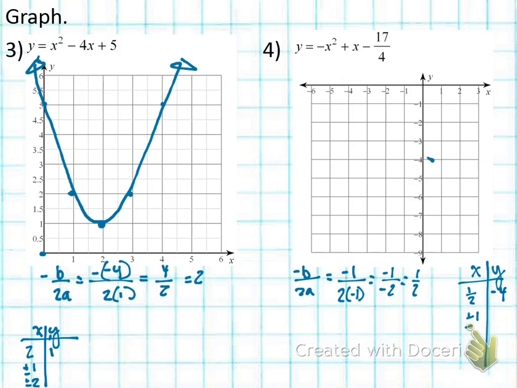So I'm going to go left 1, down 1. There should be a point here and a point here. What happens if I go left or right 2? Down 4, right? So I go left 2, down 1, 2, 3, 4. There should be a point here and, of course, a point here.